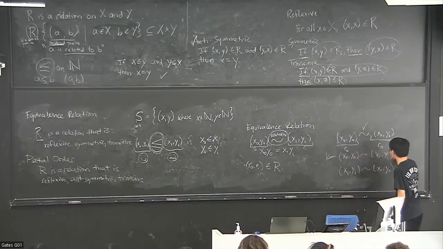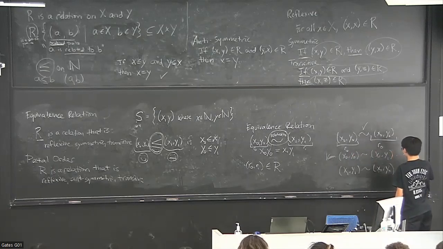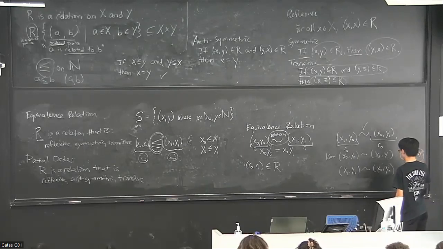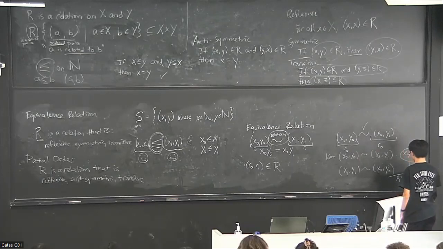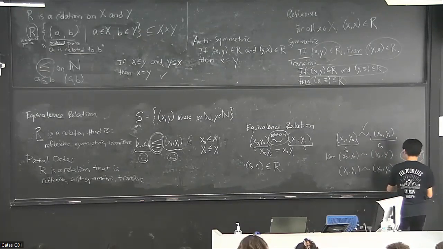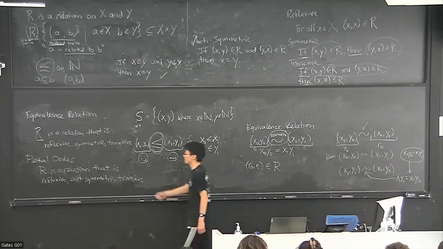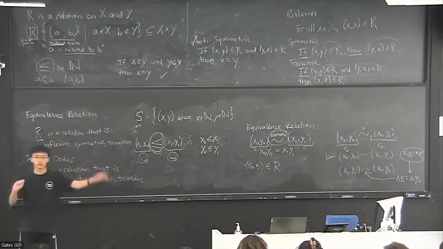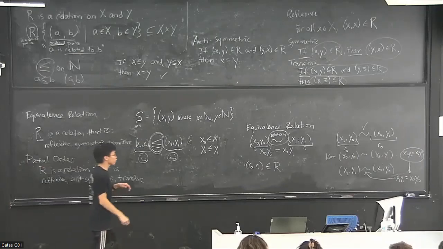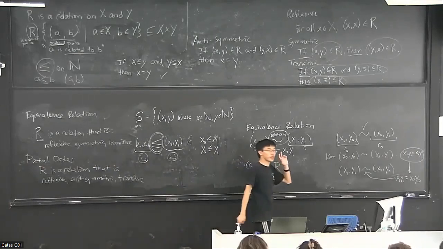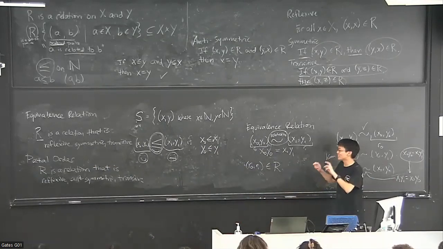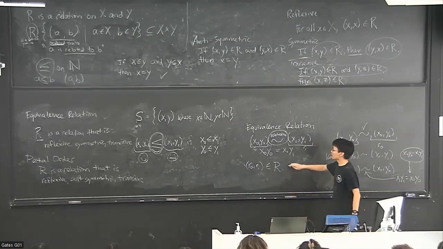I do, because this guarantees this. If this is true, that means (x1, y1) is equal to (x0, y0), which gives me this. You can show transitive in a pretty similar way. The equivalence relation here is describing what it means to be equal, and I'm describing these pairs to be equal if the products are the same.